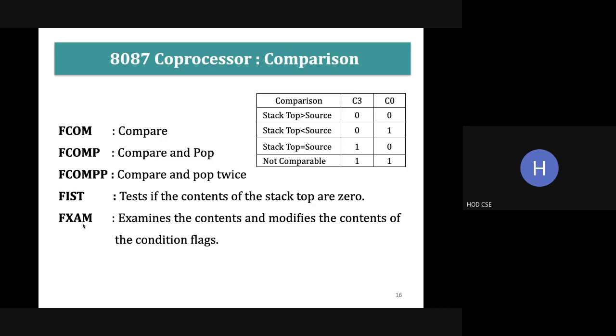So FCOM, compare and pop, compare and pop twice, and FTST tests if the content of the top of the stack is 0. Yes, Swati, it's right, CMP. And FXAM examines the content and modifies the condition flags. This is the comparison instruction.